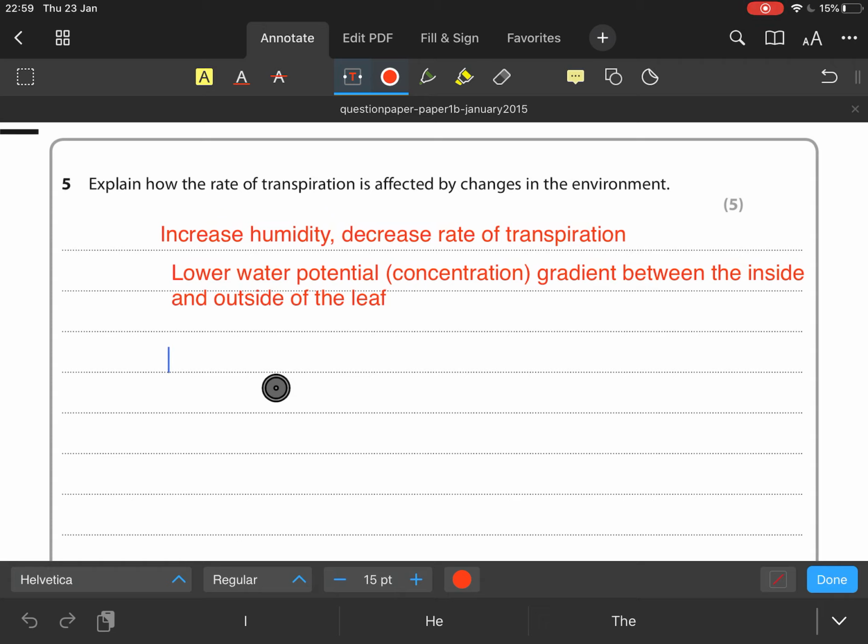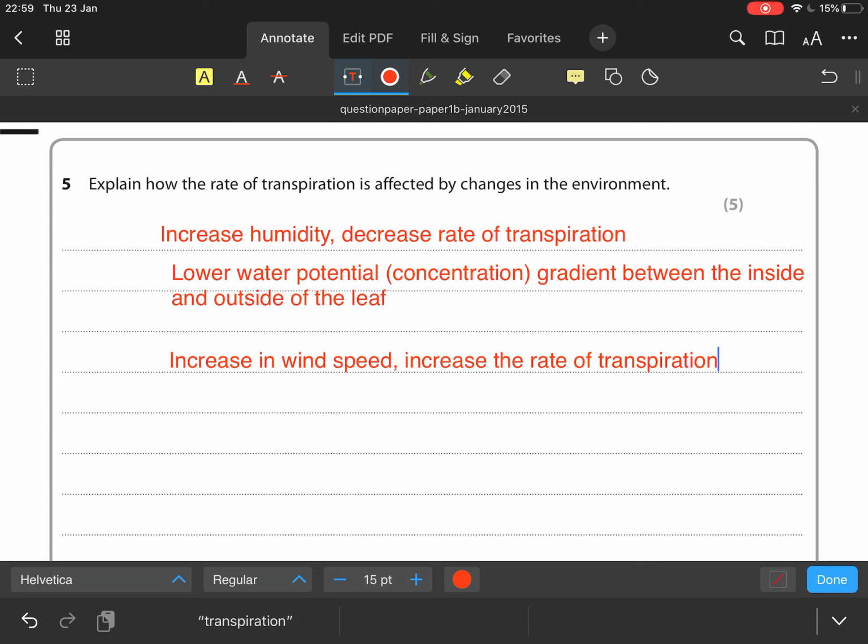Next environmental factor that increases the rate of transpiration, in this case it's an increase in wind speed. With an increase in wind speed, that's going to increase the rate of transpiration. For each of these you must say what's going to happen to the rate of transpiration. The increase in wind speed increases transpiration for kind of the opposite effect.